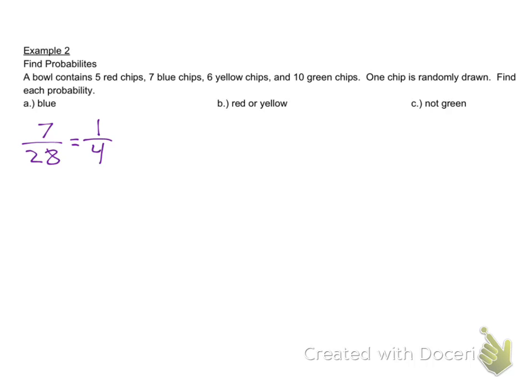What if I said I don't care what color it is as long as it's red or yellow? How many of them are red or yellow? 5 red, 6 yellow, make how many? 11. So there are 11 out of how many again? 28. I don't think I can reduce that one. Therefore, you have an 11 out of 28 chance.